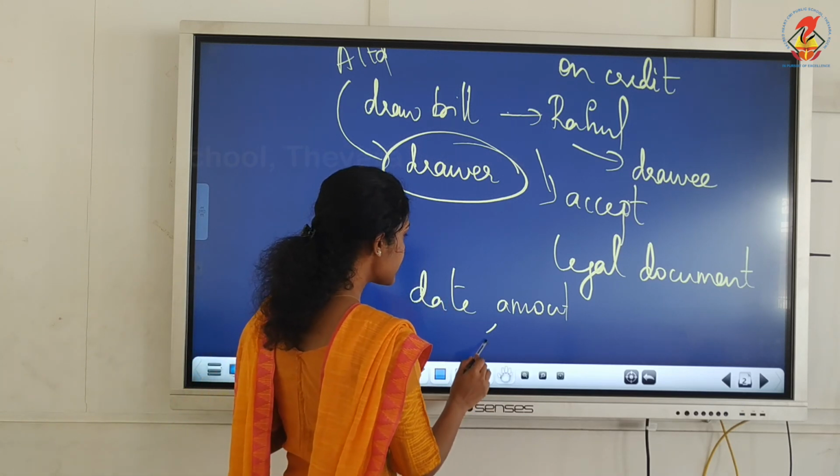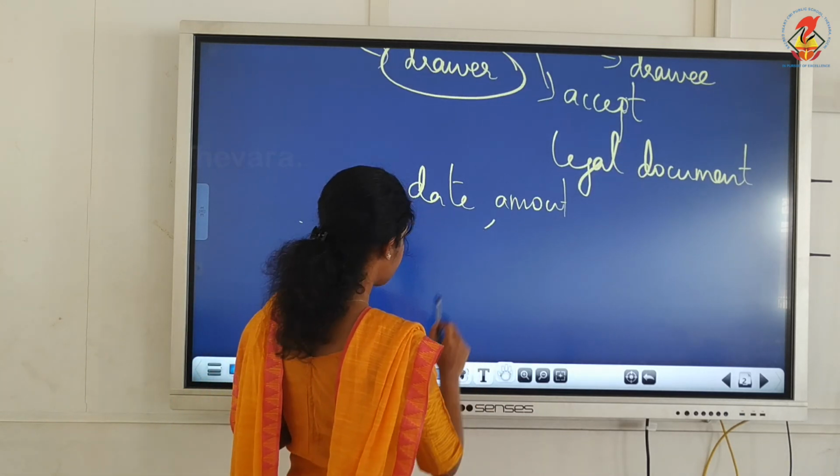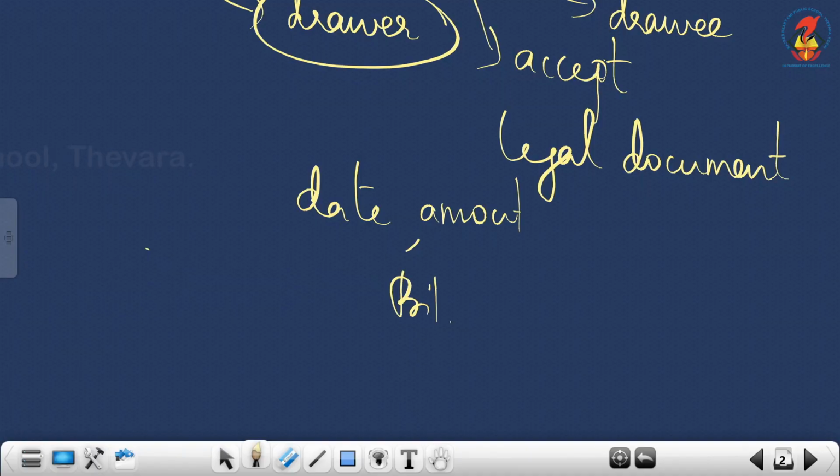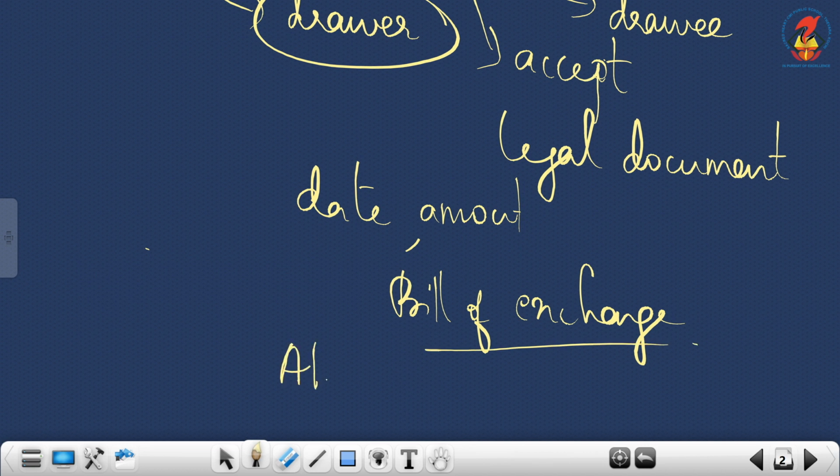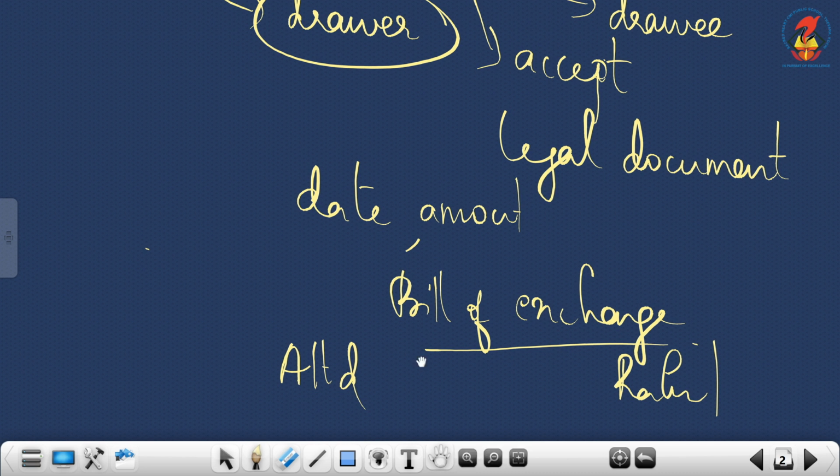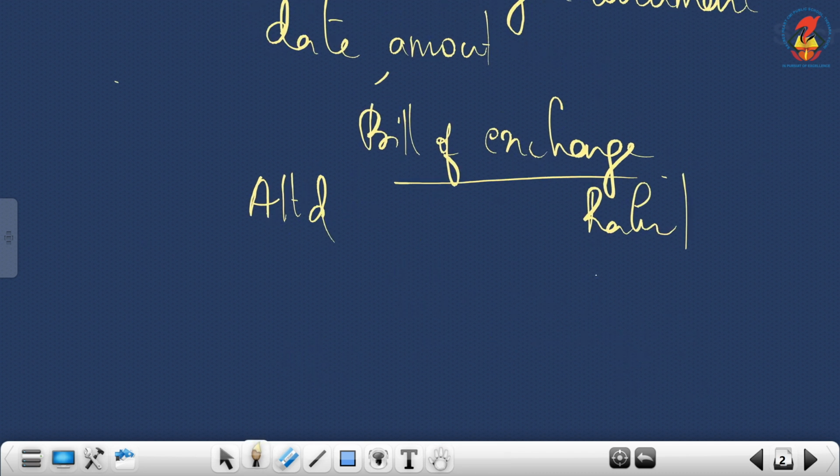Suppose in that bill of exchange, it is mentioned Rahul should make the payment. A Limited is the drawer, that we know, and Rahul is the drawee. And it is instructed in the bill that Rahul should make the payment to an external party, like we'll take B Limited.